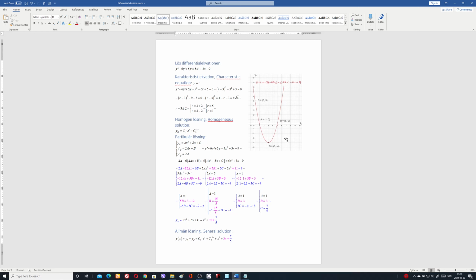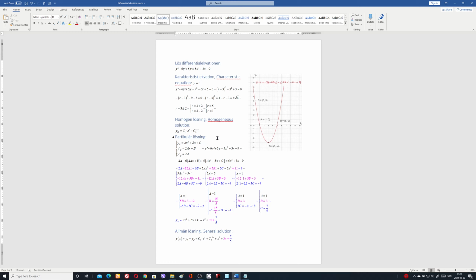Okay? So now when we have this characteristic equation and these two roots, so now we have find the homogeneous lösning in Swedish and the homogeneous solution in English. So we have y homogeneous is equal to C1 multiplied by e power at x plus C2 power at 5x.